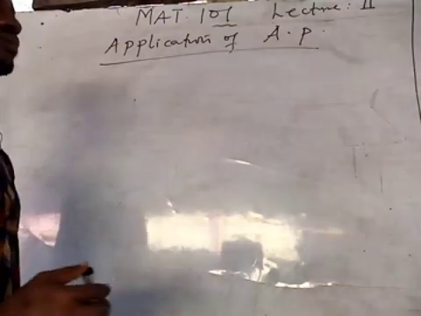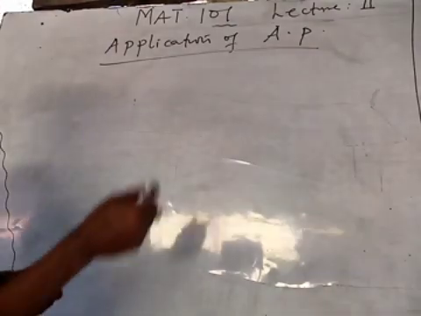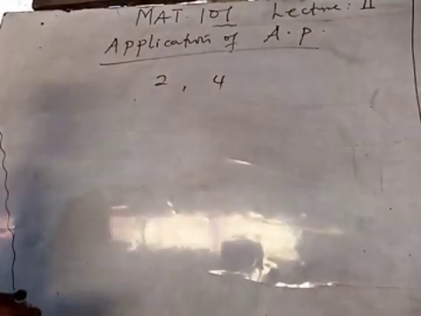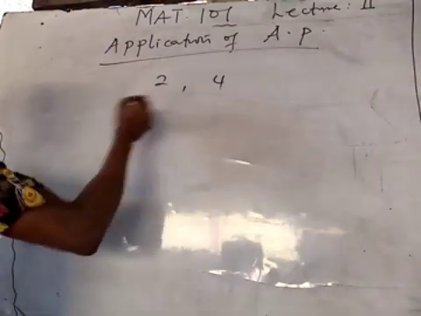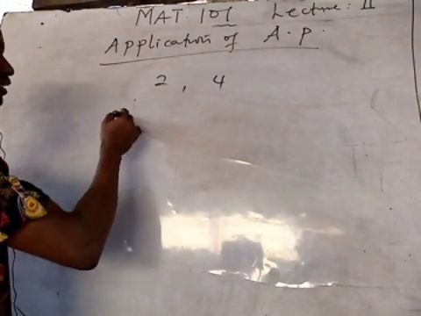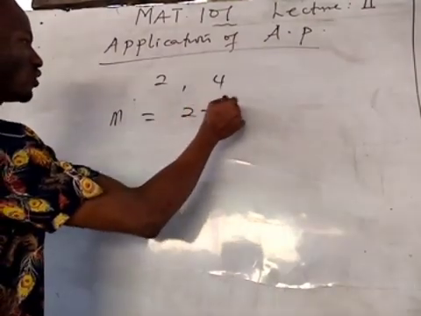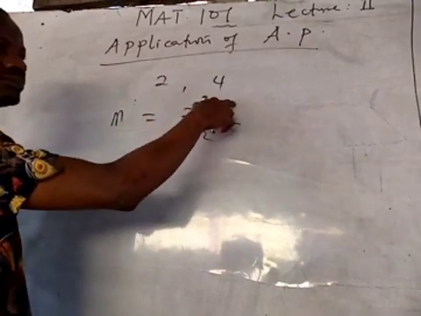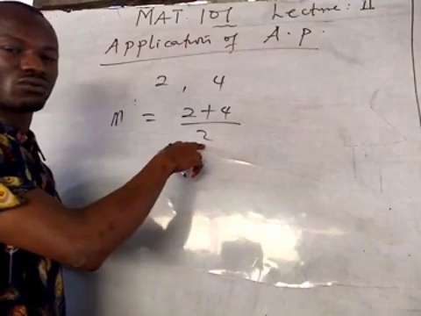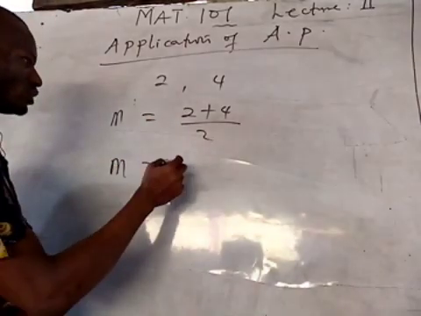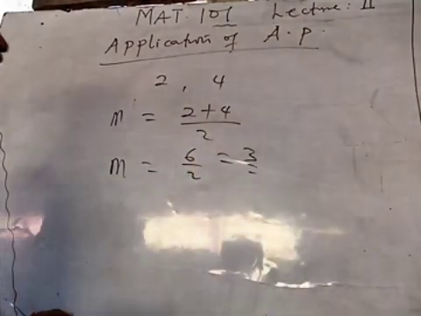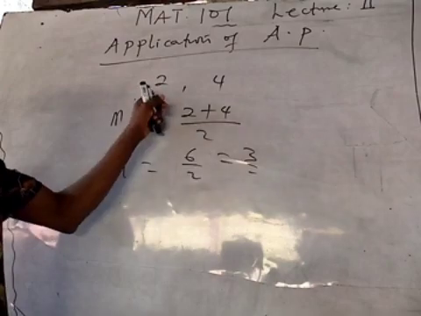Ordinarily, at the elementary stage, if you are given two numbers like 2 and 4 and asked to find their arithmetic mean, the mean M will be equal to 2 plus 4 over 2, because arithmetic mean is defined as the sum of the terms over the number of terms. So our mean here is 6 over 2, which gives us 3. So the arithmetic mean of 2 and 4 is 3.